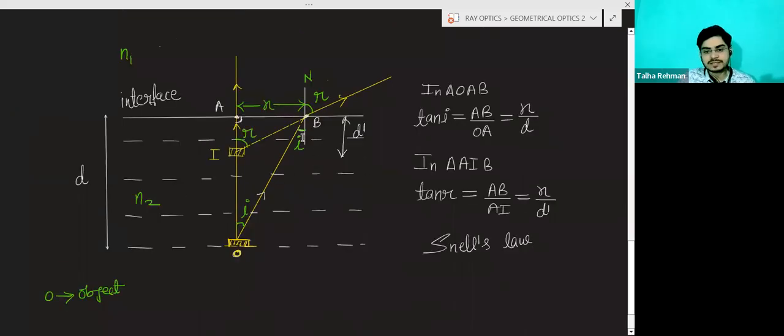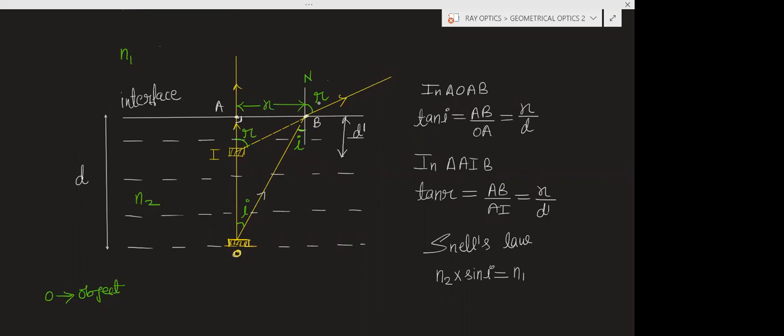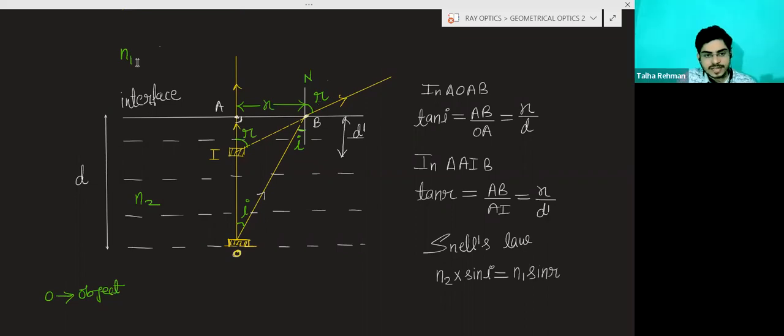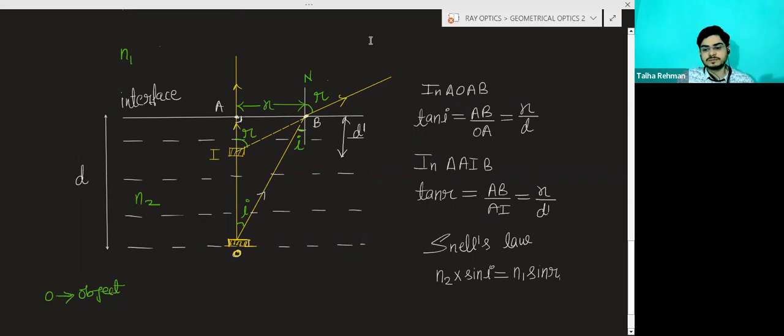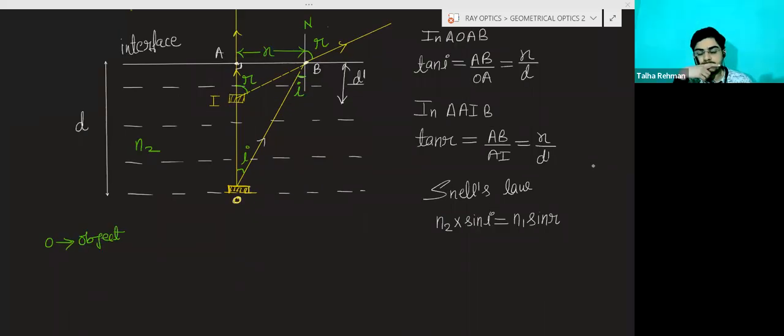Refractive index of this medium, N2, multiplied by sin I is equal to refractive index of the other medium, N1, multiplied by sin R. Here is N1, the refractive index of the other medium. Suppose this is equation number 1.